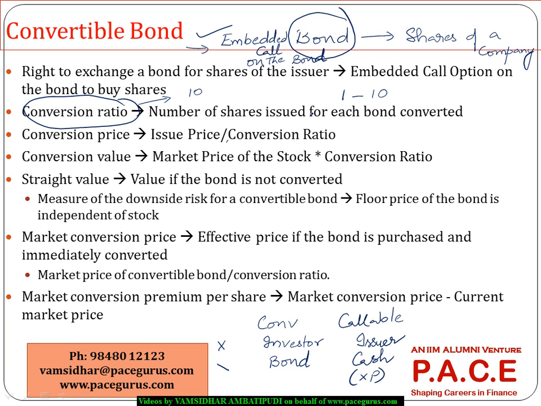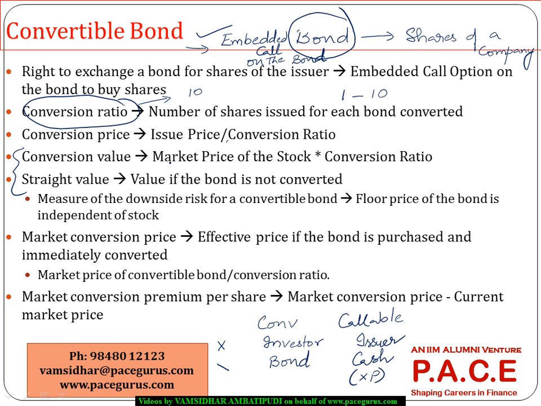And in this context, I also need to understand the straight value of the bond. Here we have to understand a conversion value versus a straight value. Here the investor has an option to convert the bond into a share or not. If he is not converting it into a share, if the bond is continuing as a bond, what is the value of it?